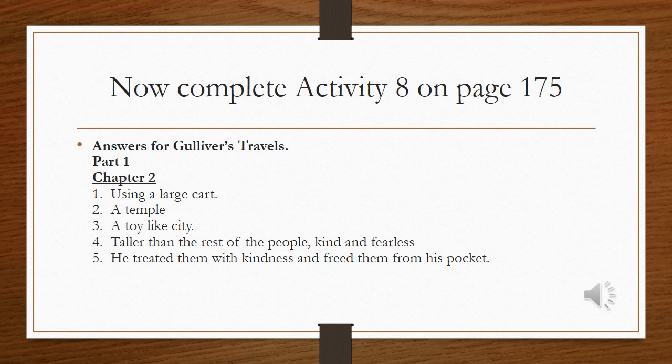Now complete Activity 8 on page 175. If you have a look on page 175, number 1, they ask you to rearrange the jumbled up sentences below so that they make sense. At number 2, they ask you to indicate which of the following statements are facts and which are opinions.